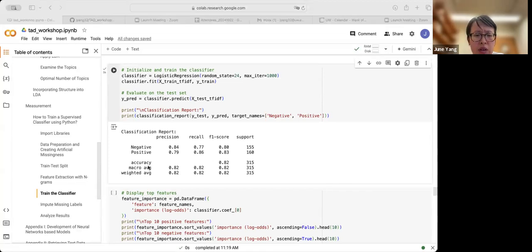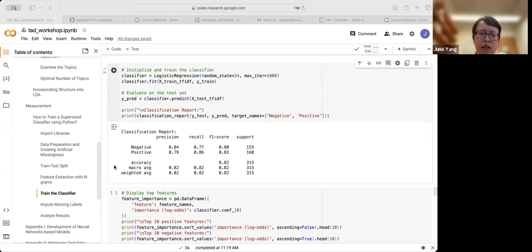And then recall is another metric. It measures, of all the positive cases in our data set, how much does our model capture? So these two metrics give us a pretty good measurement of how well our model performs.